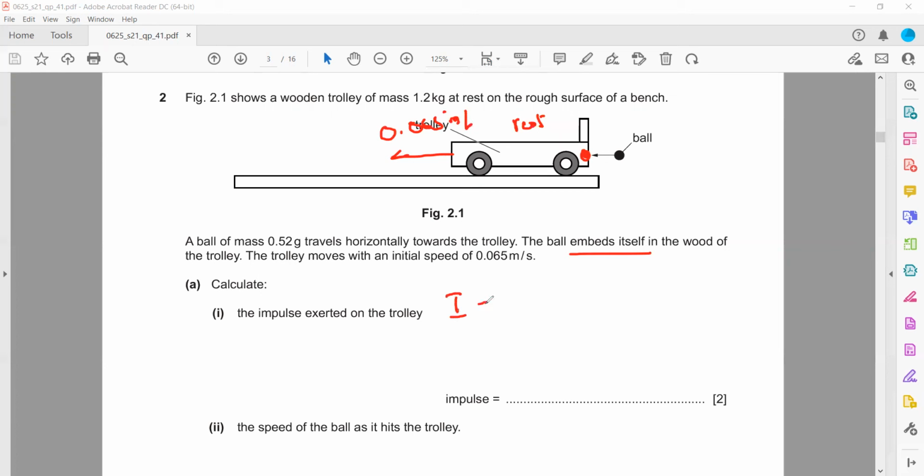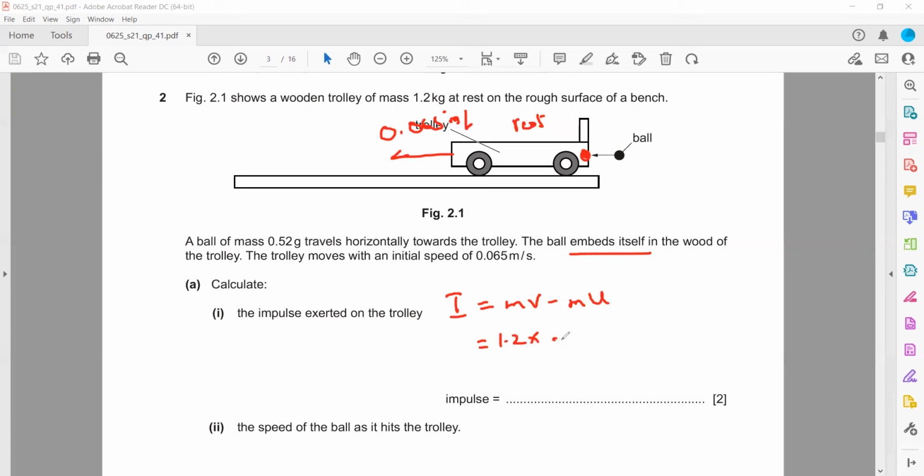Impulse is a change in momentum, so it is mv minus mu. For the trolley, the mass is 1.2 and the speed at which the trolley moved is 0.065, minus the mass of the trolley, 1.2, and the initial speed of the trolley, which is 0. As I mentioned in the beginning, initially the trolley was at rest and it started to move when the ball hits the trolley.